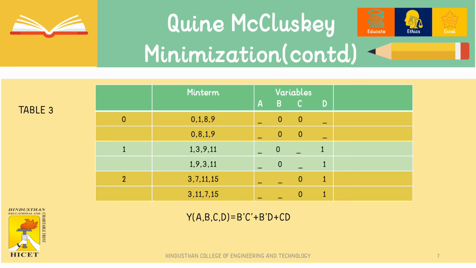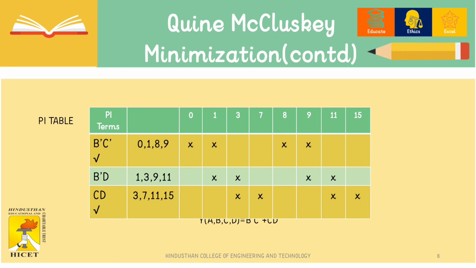So for those values 0189, we place a cross mark for b dash c dash.